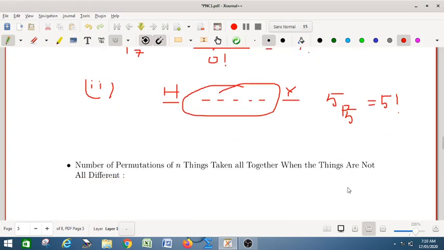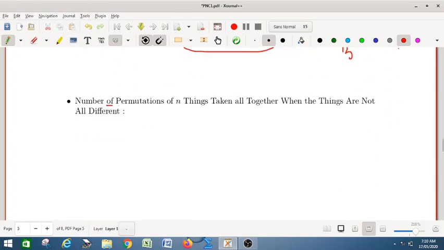Okay. Now another formula: the number of permutations of n things taken all together when the things are not all different. This is a very important one.